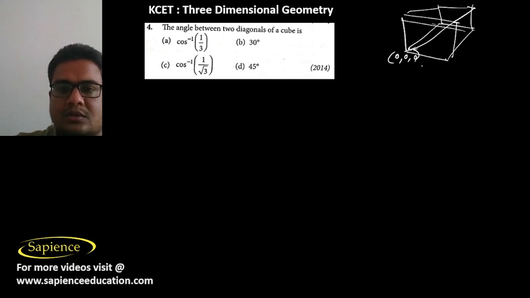The angle between two diagonals of a cube is... So let's say one of the vertices of the cube is the origin, that is 0, 0, 0. And the other end will be a, if the length of each side is a units.